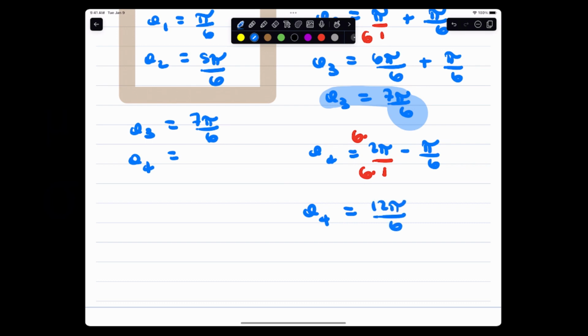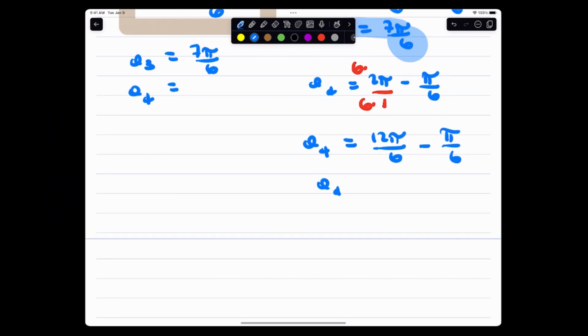Twelve pi over 6 minus what? Which gives you, what's the fourth solution? It's 11 pi over 6.